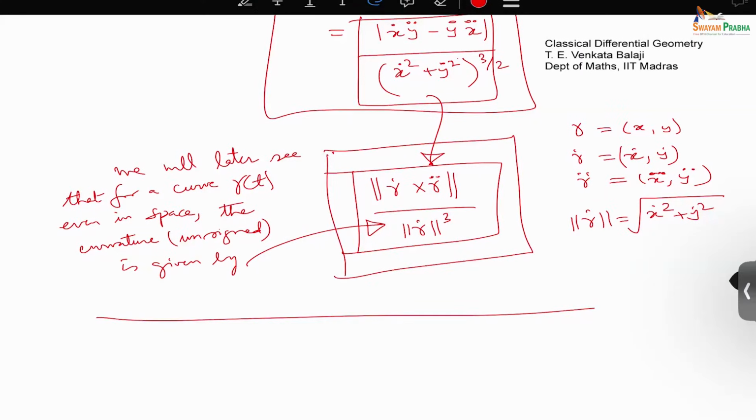Yeah, you have a question. Even this formula is dependent on the parametrization. That's right, you are absolutely right. Even if you write this in terms of gamma, it still depends on gamma. And therefore, if you change gamma, whether this expression will change is not clear. That has to be established.